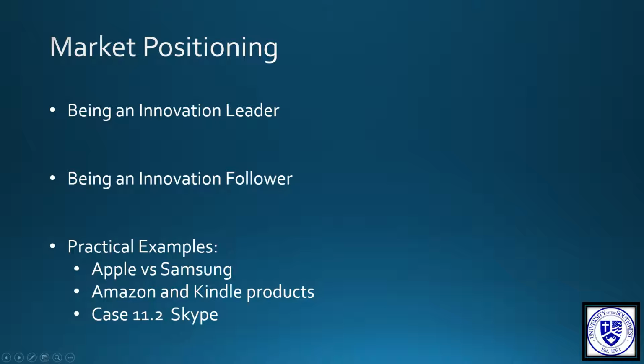So when we think about innovation and we think about locking in the benefits to the company, to the organization, we've got to first address market positioning. Very similar to product positioning, we can think about, do we want to set ourselves up as an innovation leader, or do we want to set ourselves up as an innovation follower?